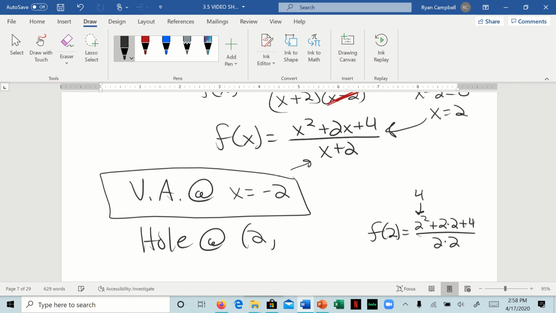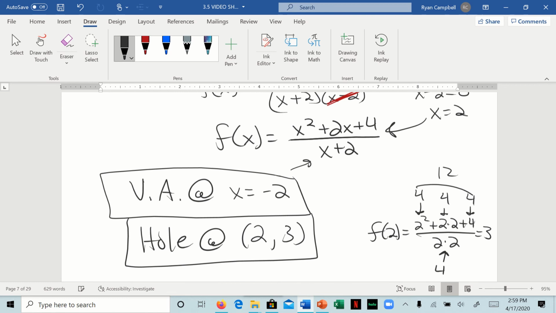And we can see that's 4, and that's 4. So this is just 12. This is also 4, so 12 divided by 4 is 3. So our point is going to be at 2, 3. And by point, I mean the hole. Our missing point is going to be at 2, 3.